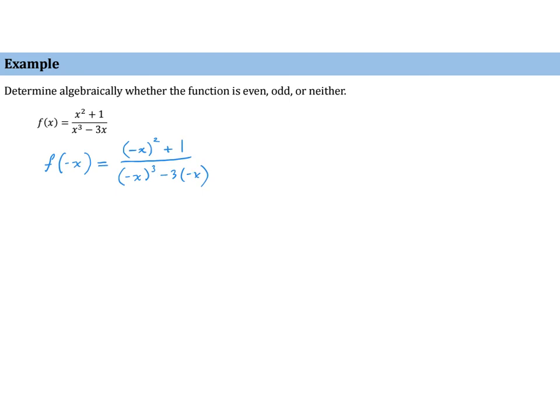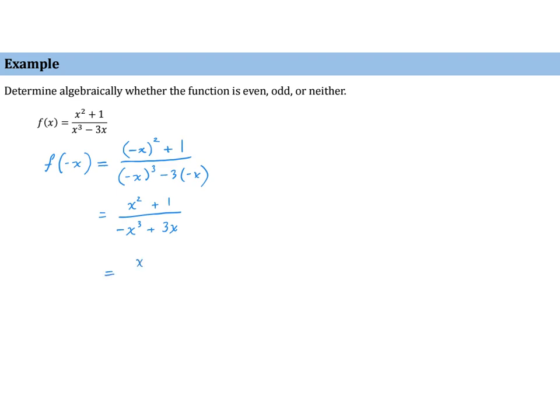So now, the square of -x is x squared plus 1 over, now to cube a negative, we get a negative. So you'll notice now the numerator is exactly the same as the original function, but the denominator is the opposite. Instead of x cubed minus 3x, we have -x cubed plus 3x.